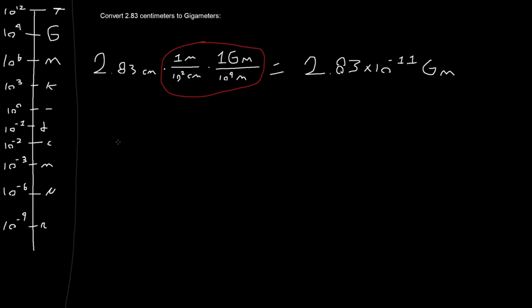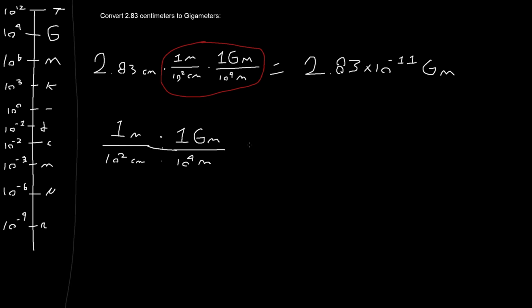I'm going to write this out one more time. We have 1 m over 10 to the 2 cm, times 1 Gm over 10 to the 9 m. So we're multiplying these, right?